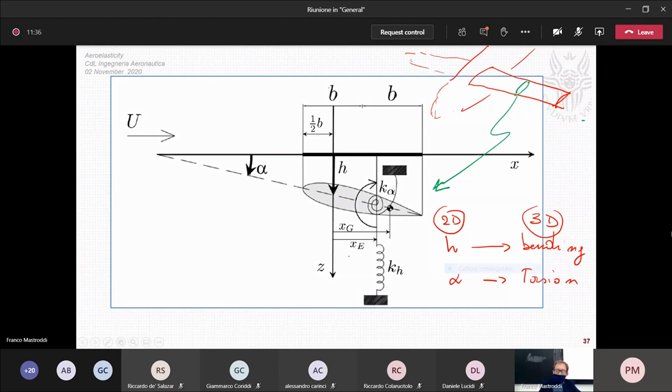Okay. So this is a typical section. And therefore, when we define this quantity as the ratio between K_h, which is the spring parameter associated to the vertical spring, divided by m, which is the mass per unit length.